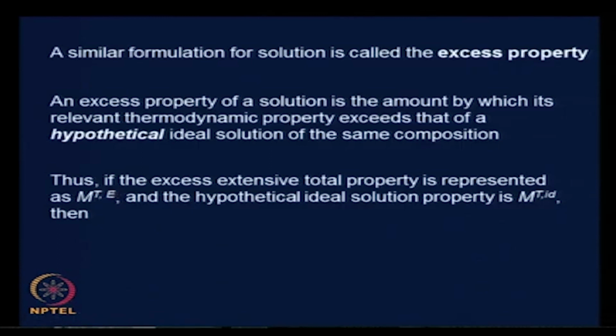So, M_T^E and the hypothetical ideal solution property as M_T^ID, ID for ideal, then the excess property M_T^E is defined as the difference between M_T, the actual property, and the ideal property, M_T^ID. Let us call this equation 4.23.